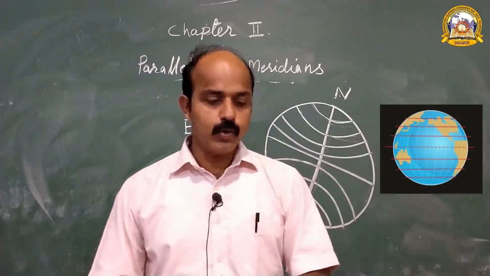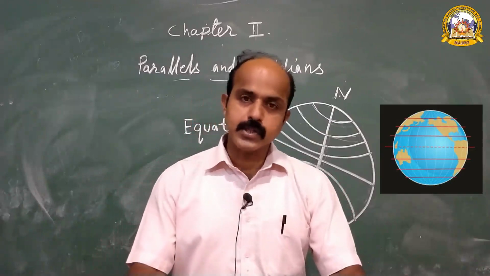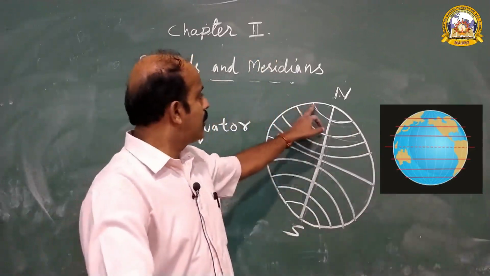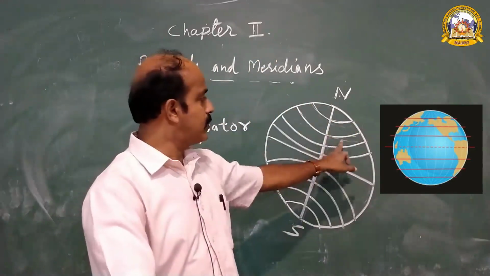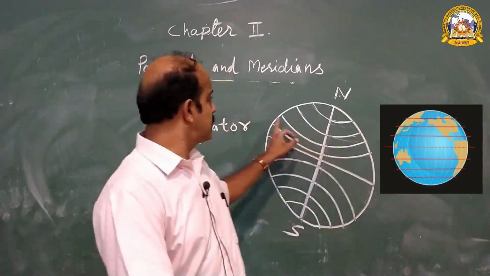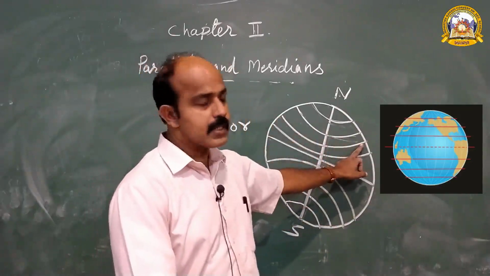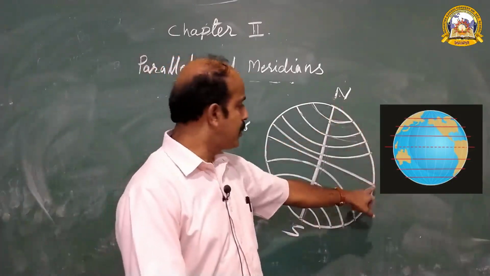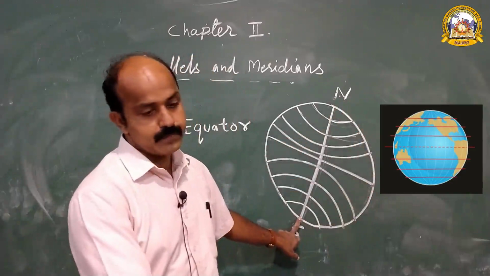Now I would like to tell you about the important features of the parallels. All parallels are complete circles. See, all these imaginary lines are complete circles. The length of the parallels decreases from the equator to the north pole and also from the equator towards the south pole.